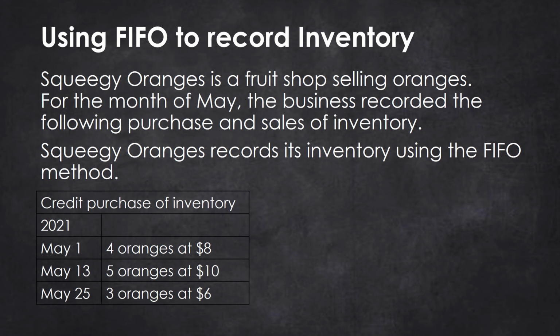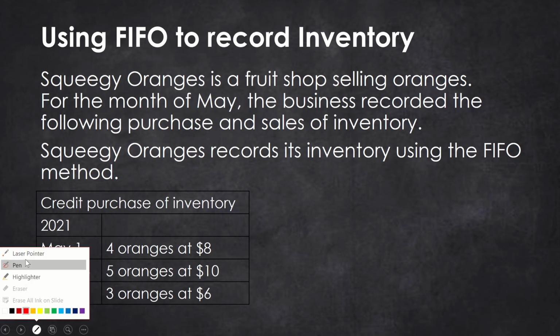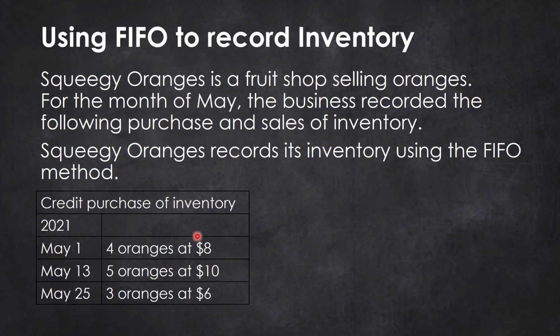In May, there was a credit purchase of inventory. On the 1st of May, 4 oranges at $8. On the 13th of May, 5 oranges at $10. On the 25th of May, 3 oranges for $6.